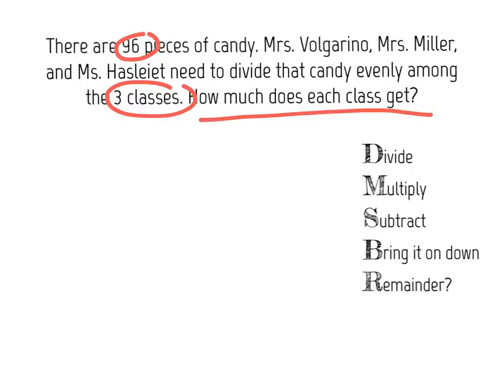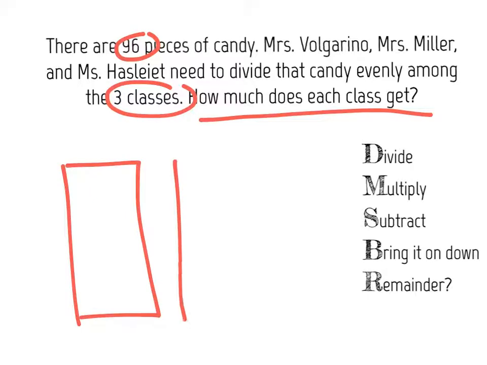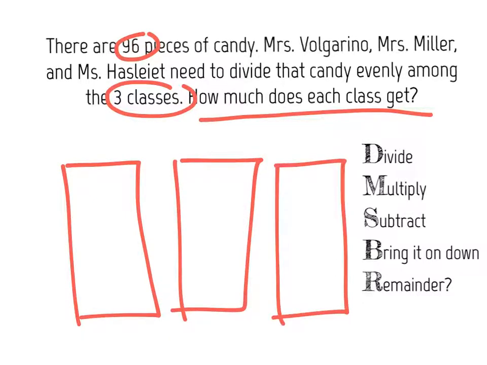So with division, we want to divide those into 3 equal groups. So I'm going to go ahead and draw my 3 groups. And my 3 groups represent classes, right? So I would have 4A, I would have 4B, and 4C.